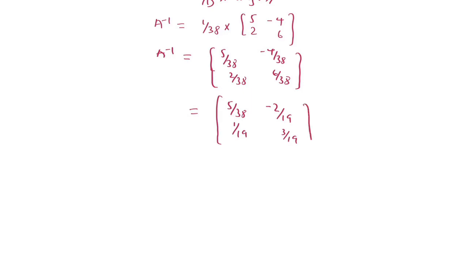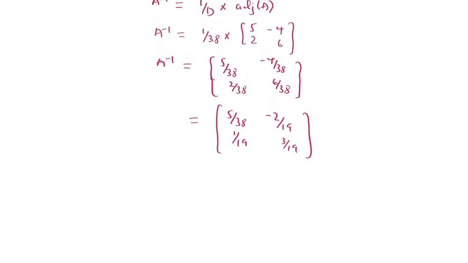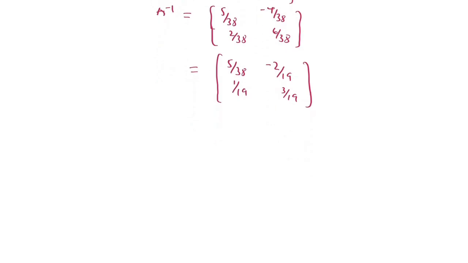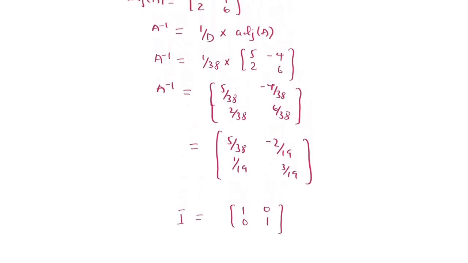And this is the inverse of matrix required. Okay, so next we are going to find the identity matrix of this one. Then we say identity matrix equals to product of a matrix and its inverse. Since this is the 2 by 2 matrix, then the product will give the matrix as matrix 1, 0, 0, 1. And this is the identity matrix required.